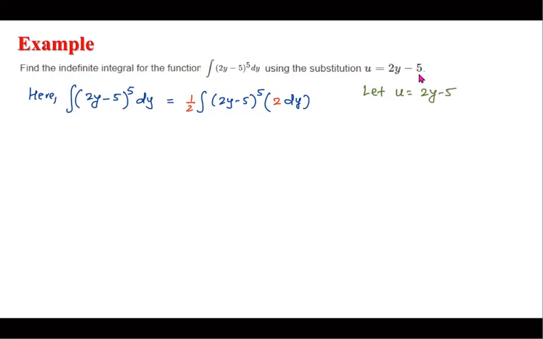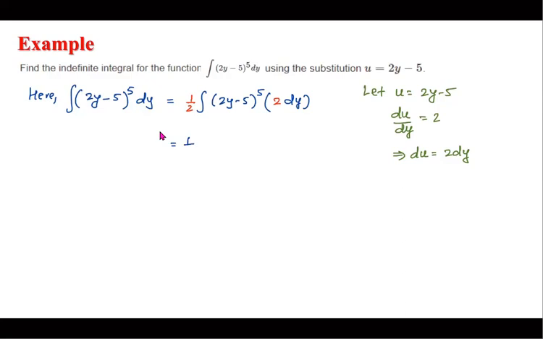2y minus 5. So the derivative du over dy is equal to 2. Or if you multiply on both sides by dy, you get du equal to 2 dy. That is the quantity inside the second parenthesis. Look at that, 2 dy. That's a du. So let's make that substitution.